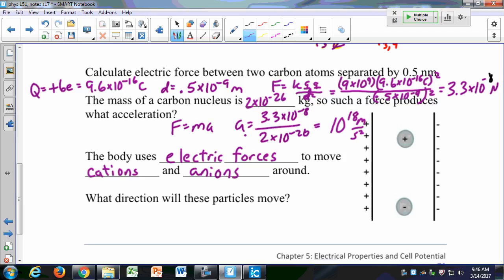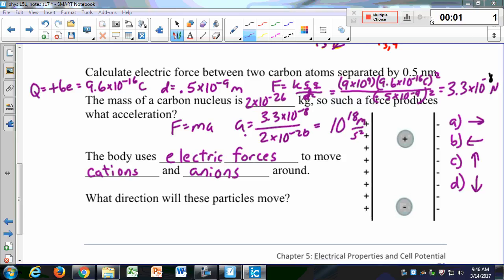All right, so which direction will these particles move? We'll do it as a clicker question. A is right, B is left, C is up, D is down. The top particle, which direction will it move? Think about this particle. It sits in space, but it's surrounded on both sides, on one side by positive charges, on another side by negative charges.